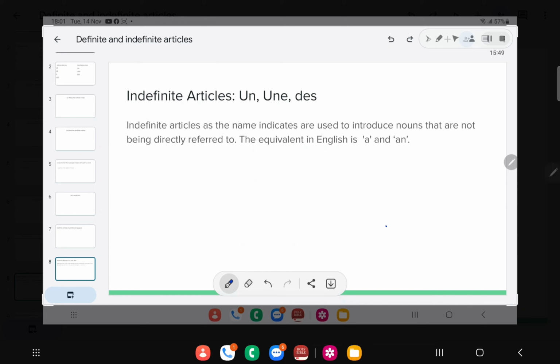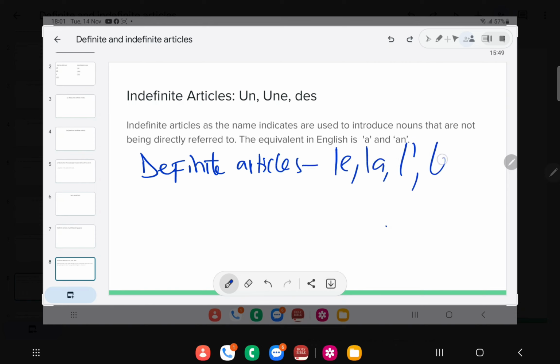So a quick recap. Definite articles, that is le, la, l', and les, are used to refer to a specific object, an object that we can actively point to.